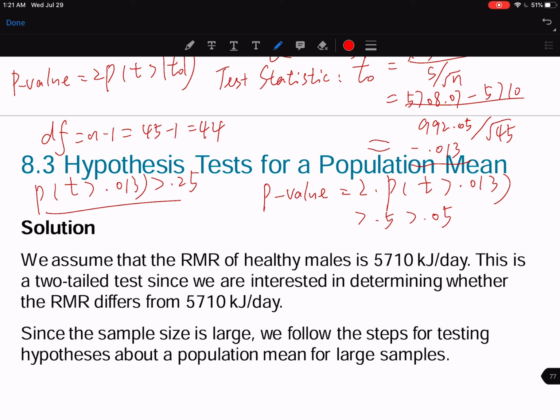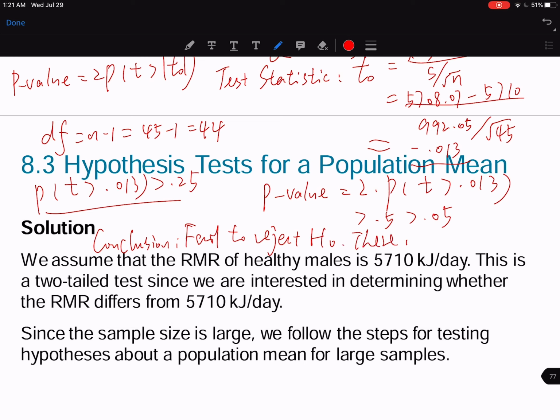Okay? Now we have the p-value greater than alpha. So the conclusion: fail to reject the null hypothesis.